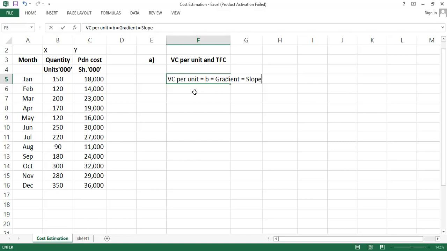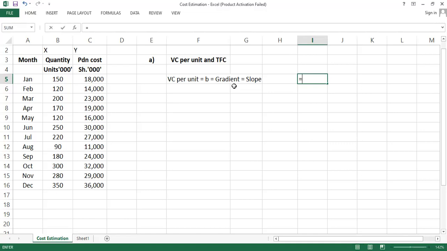Now, allow me to say this. There are two ways in which we can compute these two variables, A and B. And the first way is to compute them directly based on their functions in Excel. There is a function for the slope or the gradient in Excel that works directly.